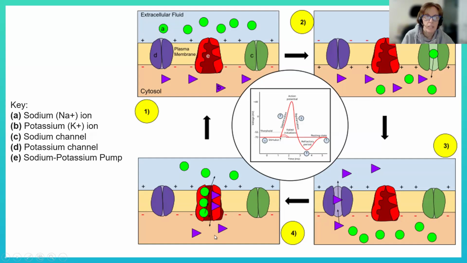And what this does is it pumps sodium across the membrane. It also takes a little bit of potassium with it, and the outside becomes positive again. Then we have a special potassium channel, which gets the potassium where it needs to be, so we can start the process again.